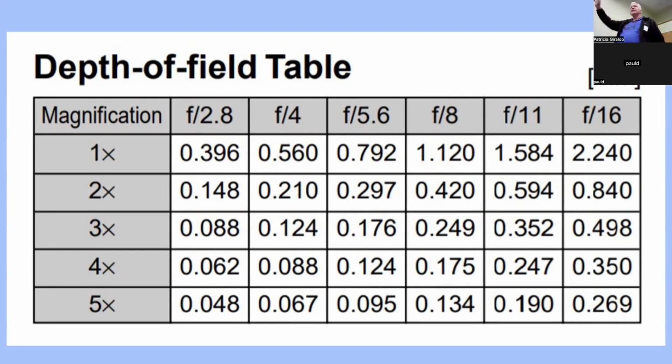Well, if you have a bug that's 3 millimeters long, and you're shooting at f/16 at 1-to-1, you can get a pretty good idea that you're going to have 10 or 12 pictures minimum. And then there are calculators out there on the web that you can get.